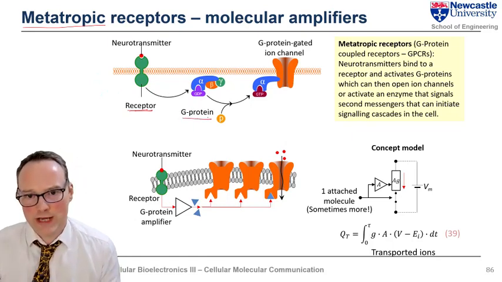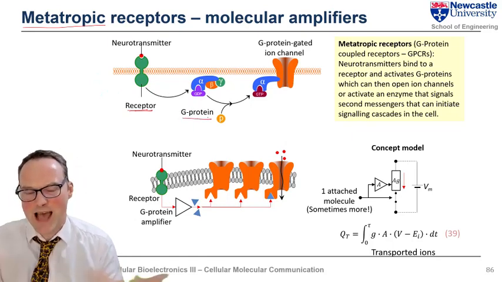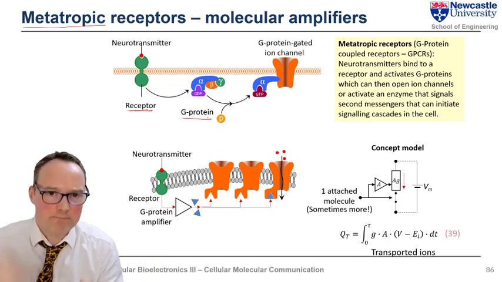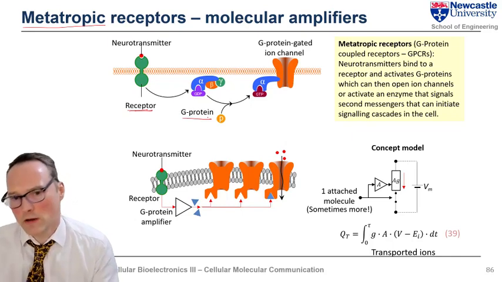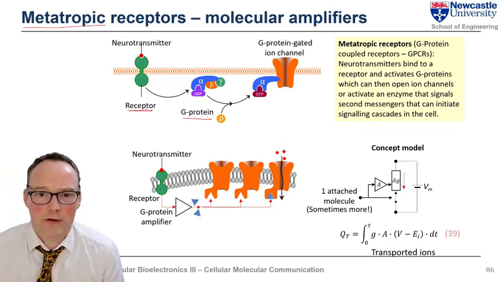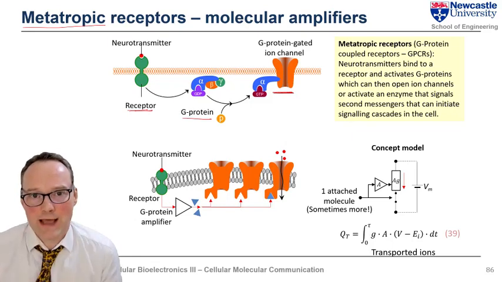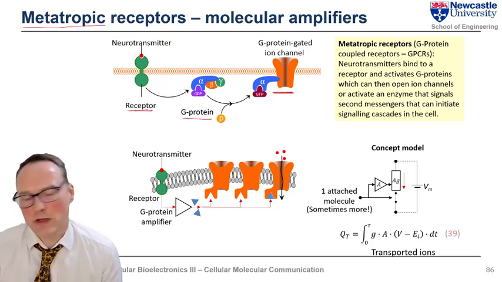And the G protein effectively creates a cascade of chemical activity where it will typically break up a particular molecule, which in turn allows for the activation of an ion channel related to that particular chemical. So you can have positive and negative.